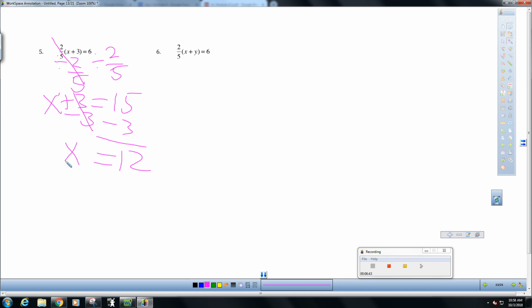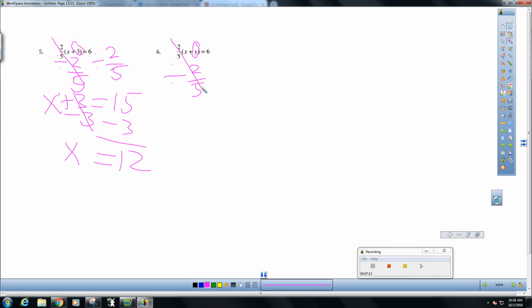Now the difference is we replace this 3 with y. So let's solve this problem. We're going to divide by 2/5 again.